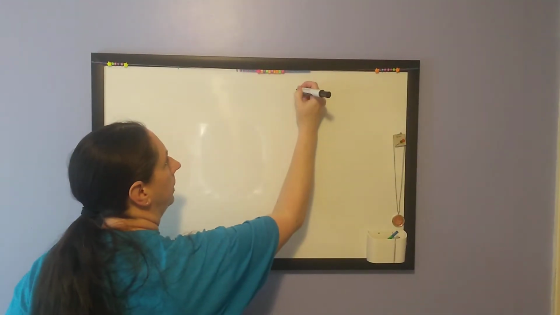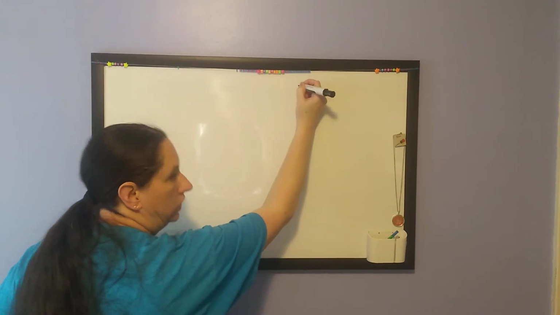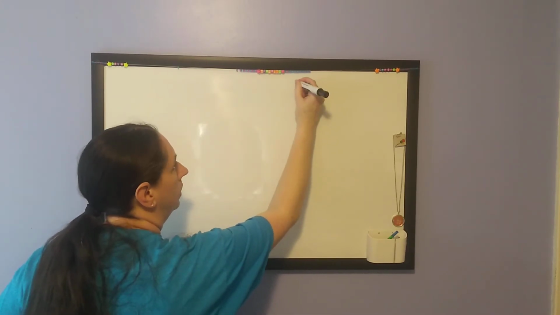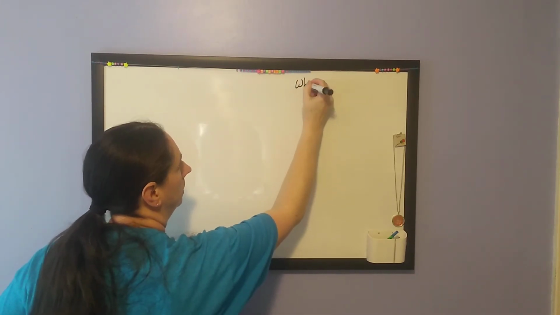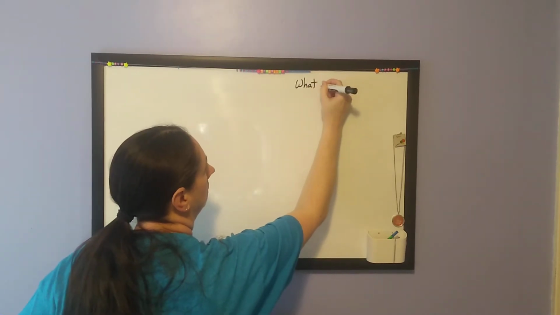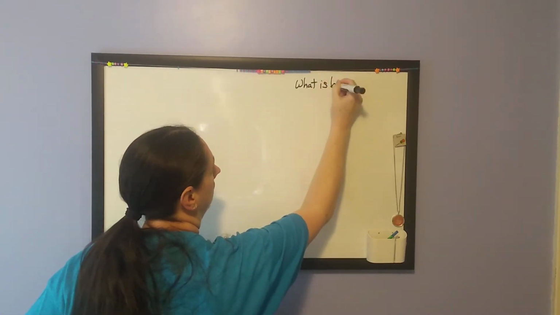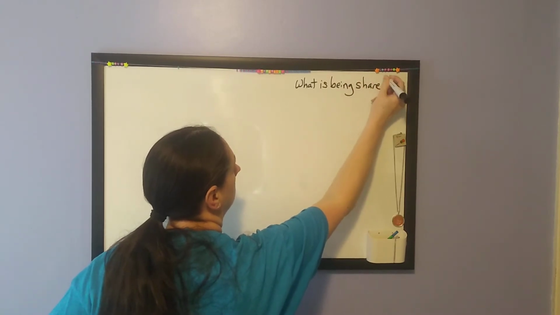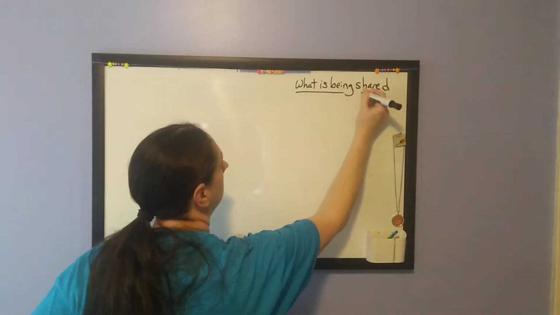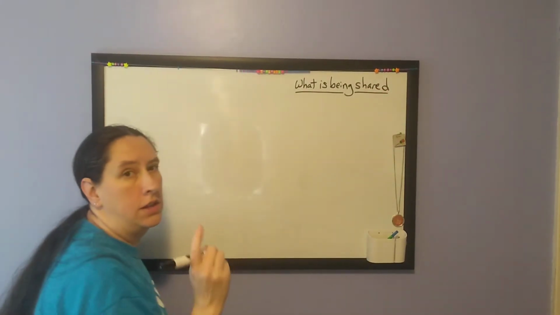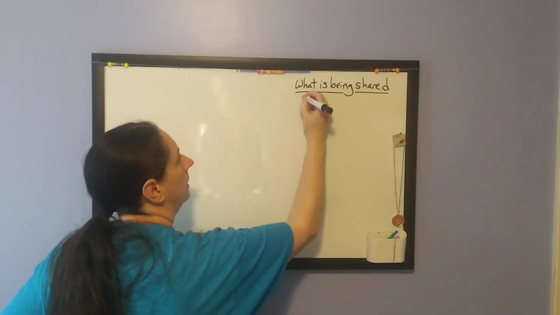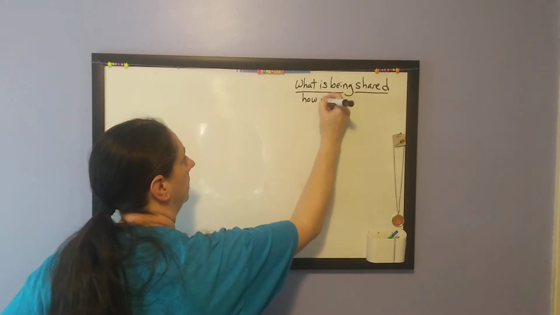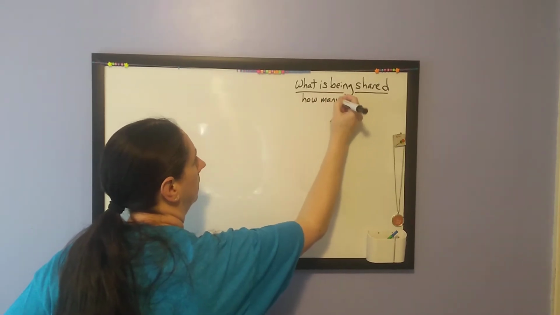You need to remember that the numerator is going to be what you are sharing. So what is being shared? The denominator is how many are sharing.